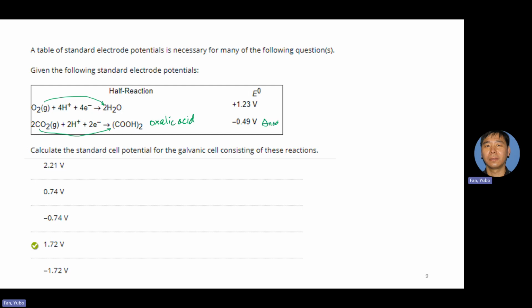The oxygen side is the cathode. We don't need to write the equation here. The question just asks about the standard cell potential, which equals cathode minus anode, right? So 1.23 minus negative 0.49, then we have 1.72 volts.